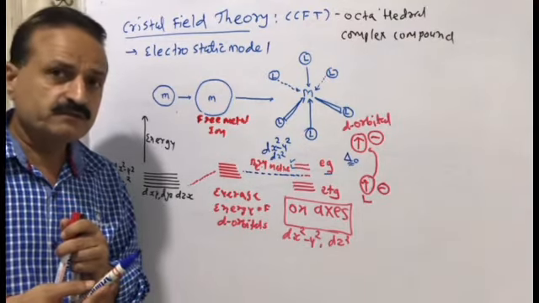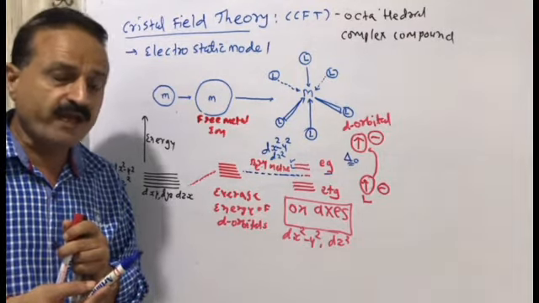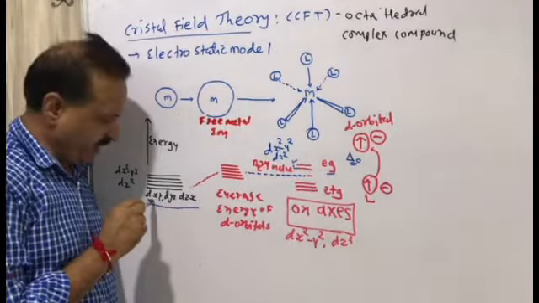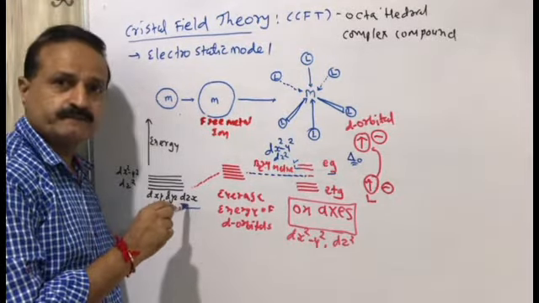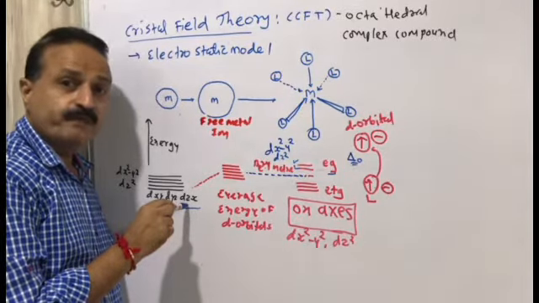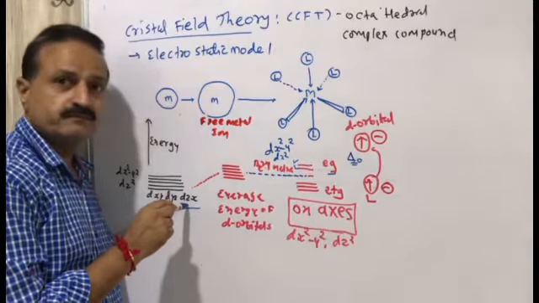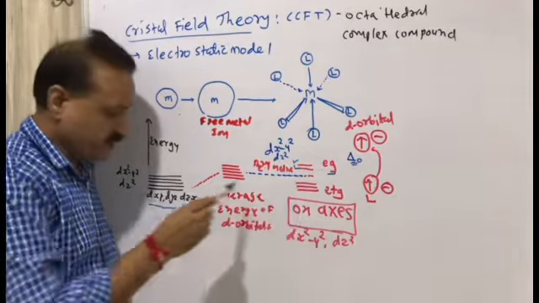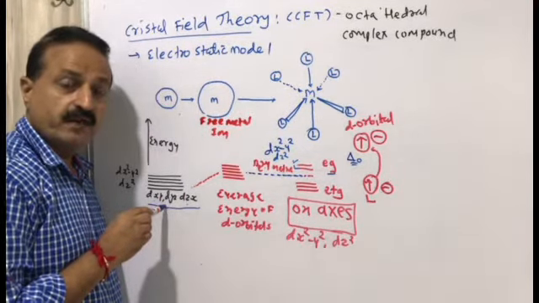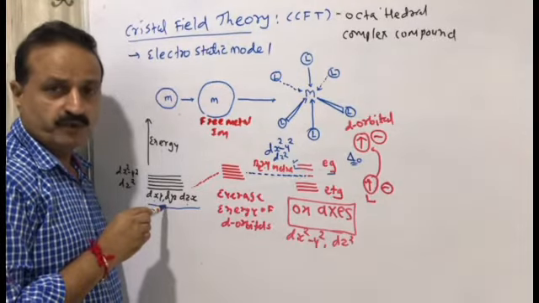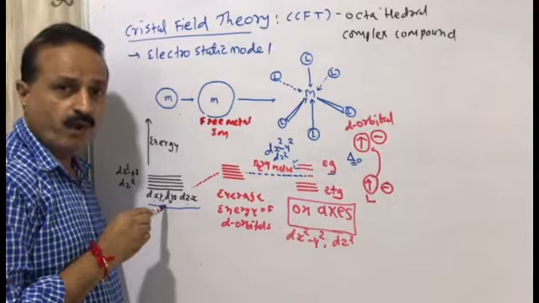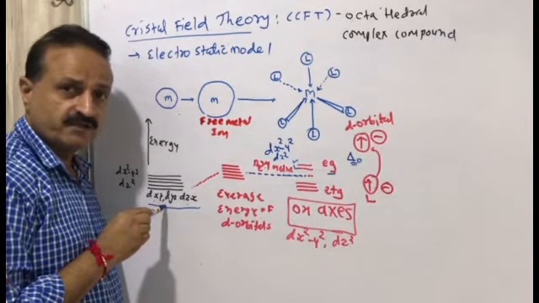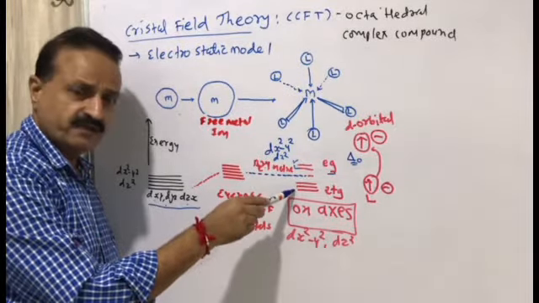The energy of delta 0 is increased when repulsion is very high, while the three d orbitals dxy, dyz and dzx are present in between the axes. These two are on axis, while these three orbitals are in between the axes. So the repulsion is much less, so they lose energy and transfer to a lower energy level.